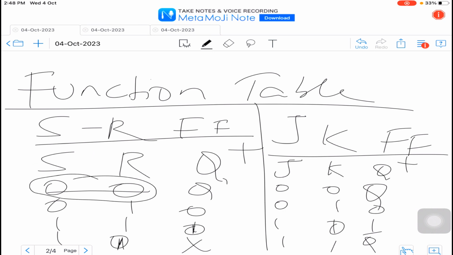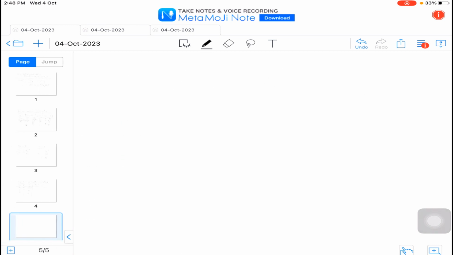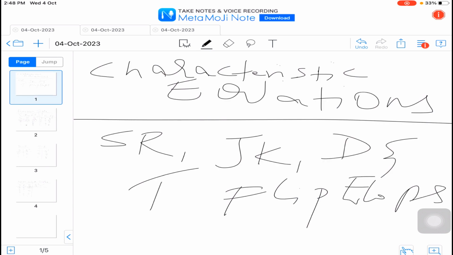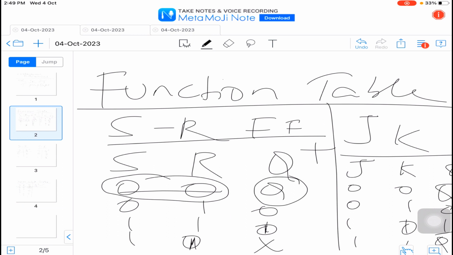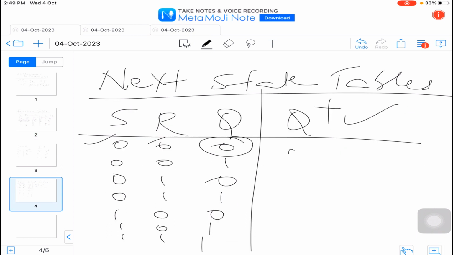Q plus remains to be Q. Q remains to be 0. Next condition is again 0 0, but here the value of Q is 1, hence Q plus will be 1.